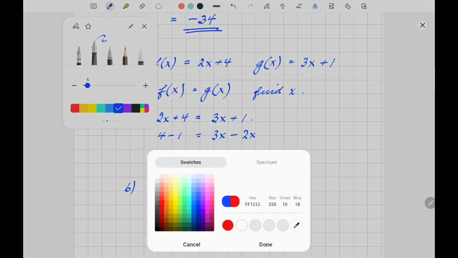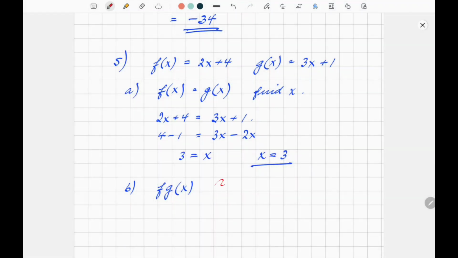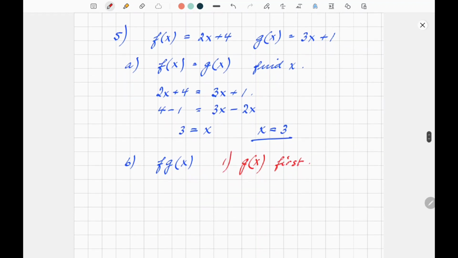So here, what this means is you put g of x first. And then the result of g of x you put into f. Does that make sense?